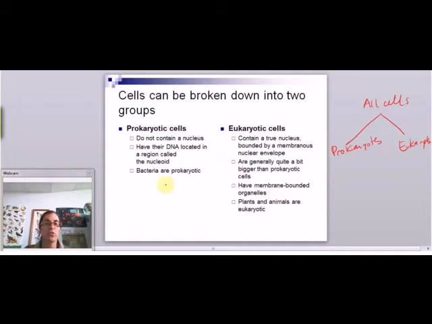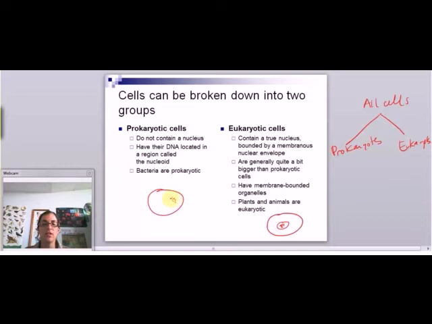So if I were to sort of draw a little mini prokaryotic cell, eukaryotic cell summary, right? The eukaryotic cell has this large nucleus in the middle, and that's where the chromosomes and DNA is. The bacterial cells, or prokaryotic cells, they still have the DNA, and it's concentrated in a specific area called the nucleoid, but it doesn't have that extra membrane.